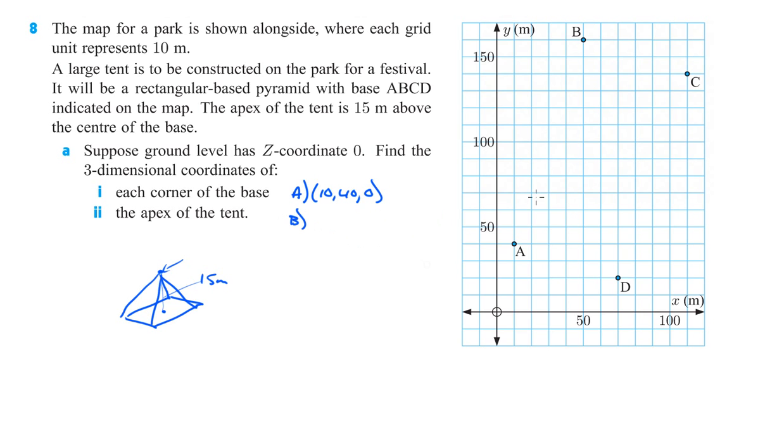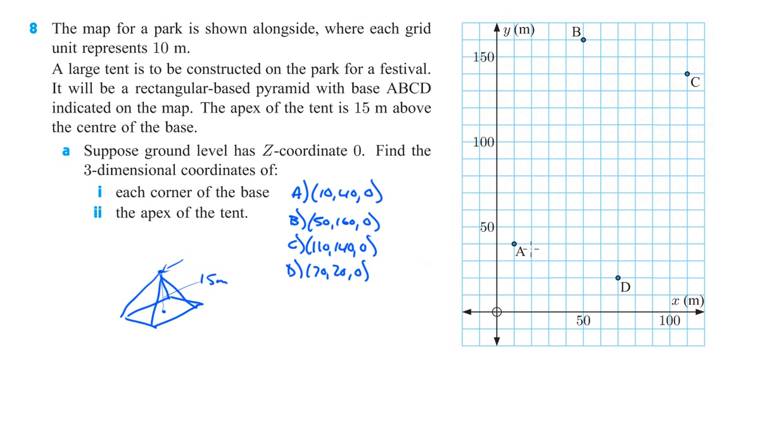Point B is at 50 and 160, 50, 160, and 0. Point C is at 110 and 140 and 0. And then point D is at 70 and 20 and 0. Okay, each corner.